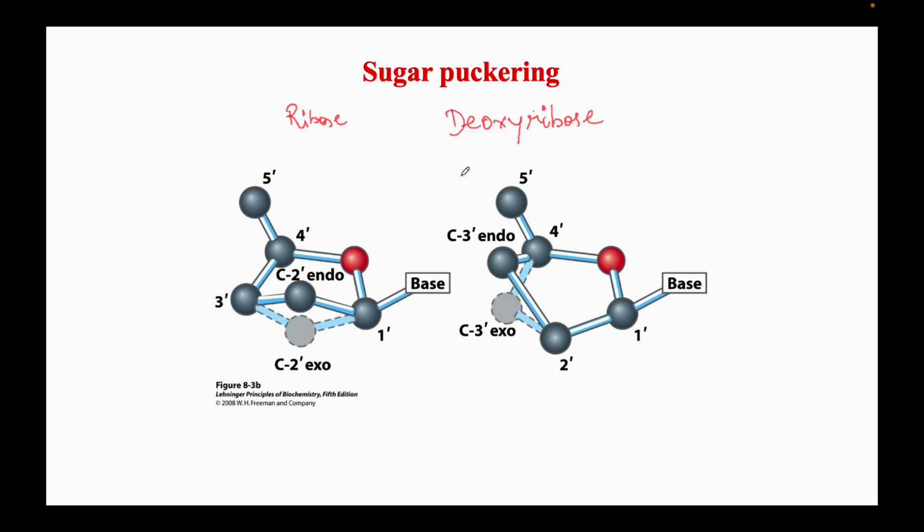The only difference between ribose and deoxyribose is that at the C2 position ribose has a hydroxyl group, whereas in DNA the C2 position doesn't have any hydroxyl. That is why it is deoxyribose, and ribose has a hydroxyl at the C2 position.